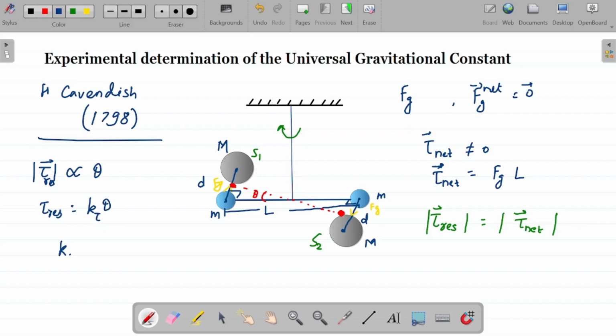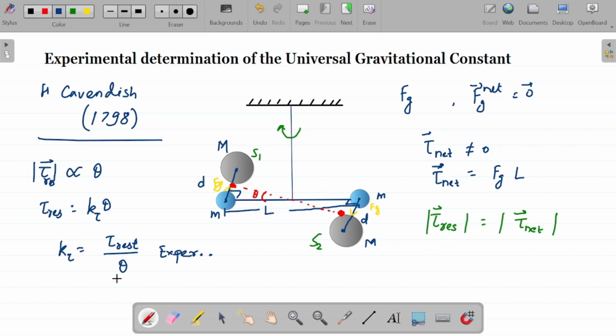And this constant can be obtained experimentally by applying different values of theta, by rotating this and checking what the torque per unit angle is. So the restoring torque per unit angle can be obtained experimentally here.